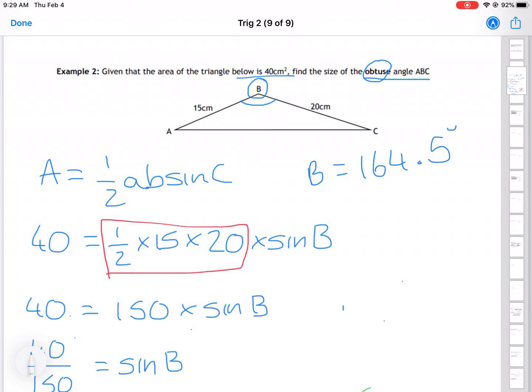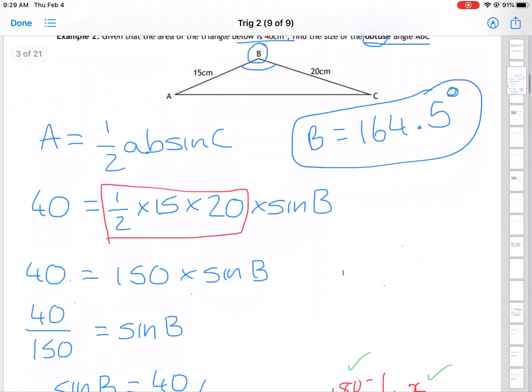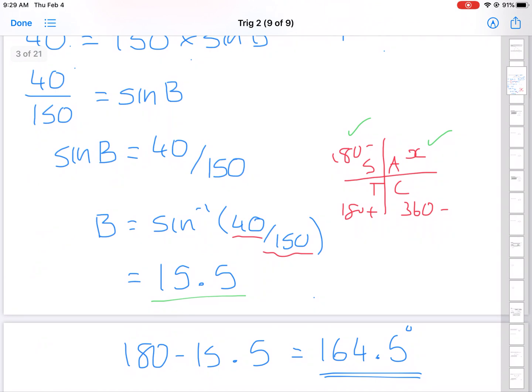Okay. You won't always have to do this. You won't always have to find the obtuse angle, but just make sure that you're relating it back to the question. So you get an angle out, it doesn't really make sense, relate it back to the question, then think about what else you have done additionally with finding angles from sine, cosine and tan.